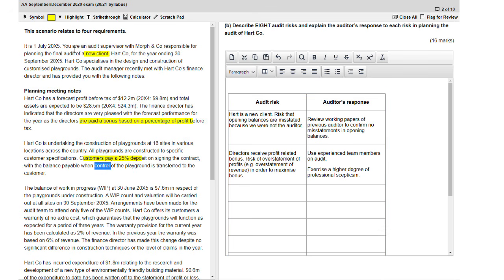Can you see, even if you're a bit rusty on revenue recognition, they're giving you the word to use in your answer. So you book the revenue when you give them the playground all finished, not when you get the deposit. If you do that, one, it's wrong, and two, you'll probably end up in prison.